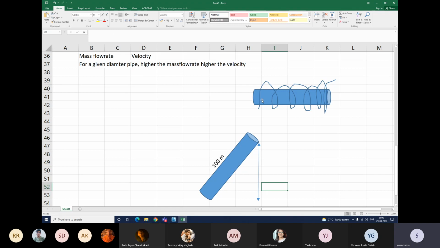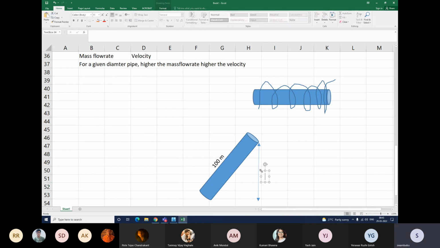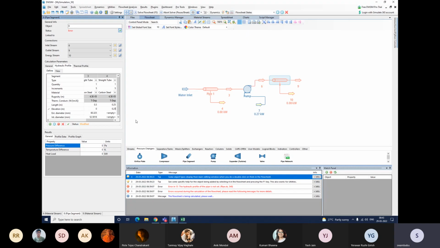So for a given elevation, let's say this is 50 meters. If the pipe is inclined like this, then we have to define length as 100 meters and elevation as 50 meters.